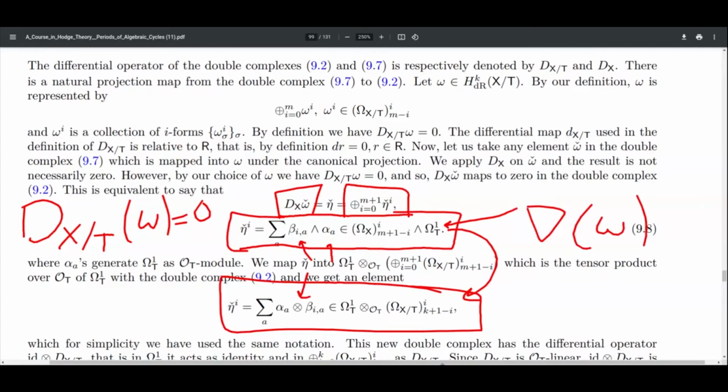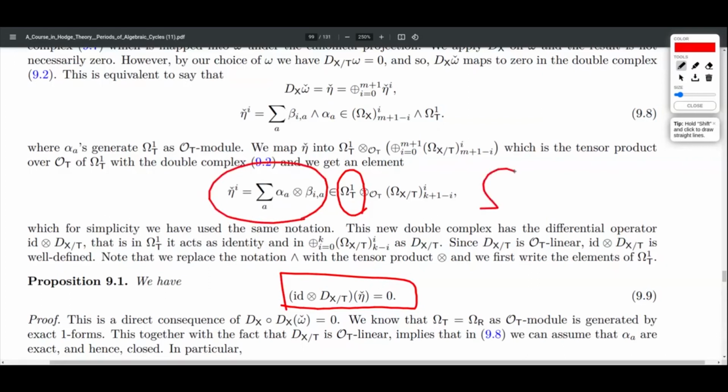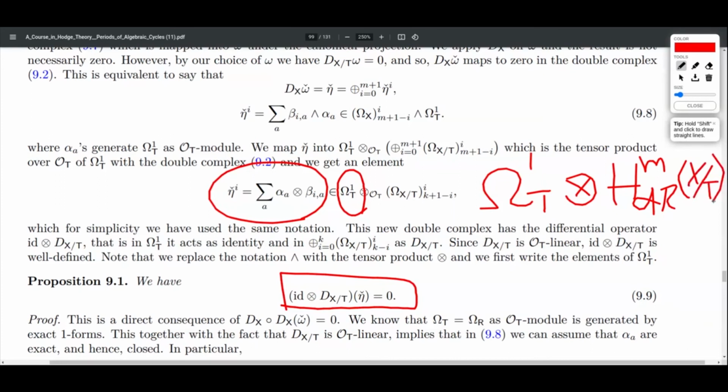For this, we have to check that this happens, and remember that these new differential forms have coefficients in omega_1 of T, and in this way we can transport this element into an element in omega_1 of T tensor H^m de Rham of X over T.